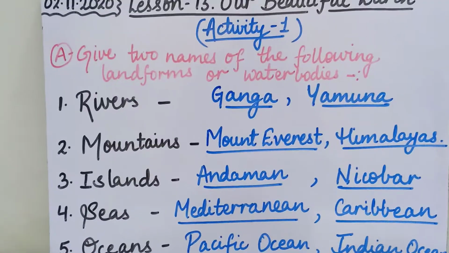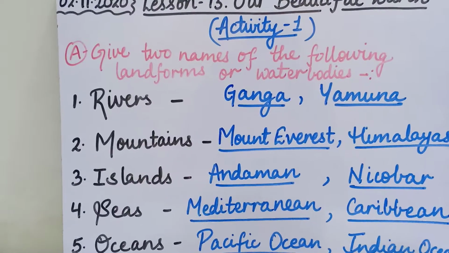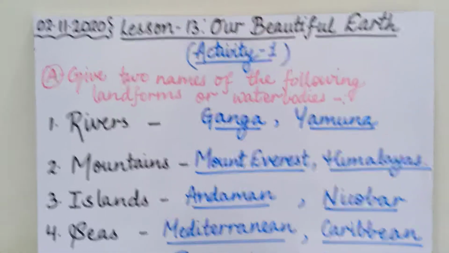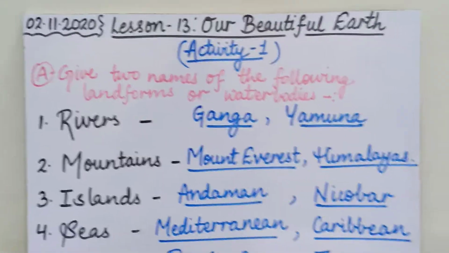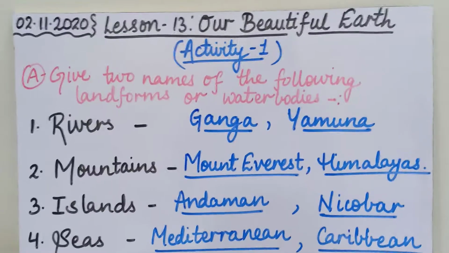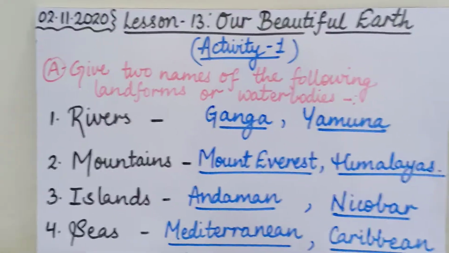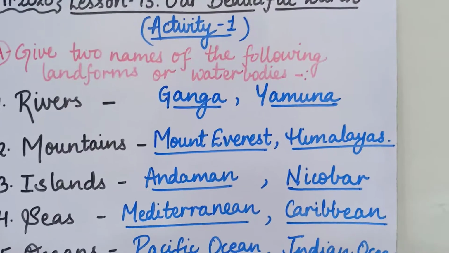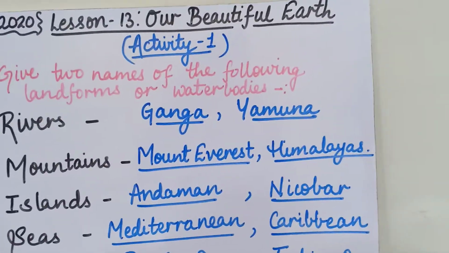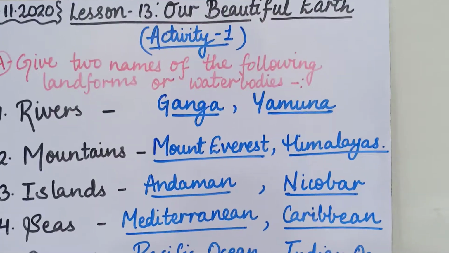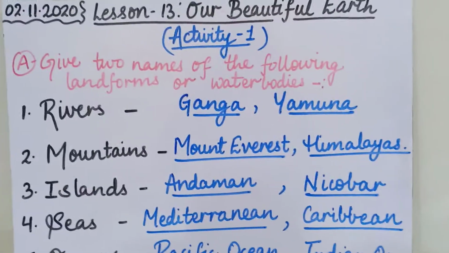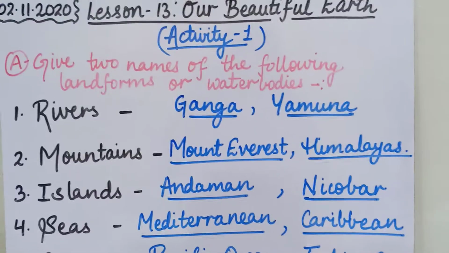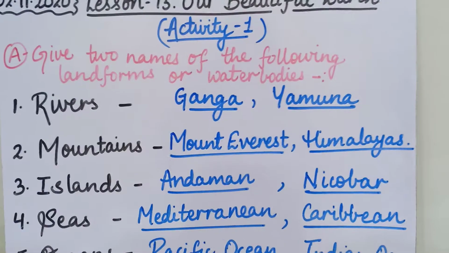This activity will have two parts, part A and part B. You have to be very careful while listening to this video, as there are many words which are very difficult to pronounce and to spell. So listen very carefully to the correct pronunciation as well as the correct spelling of the words.